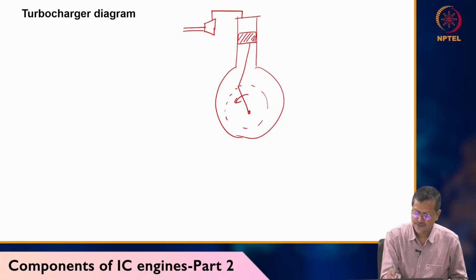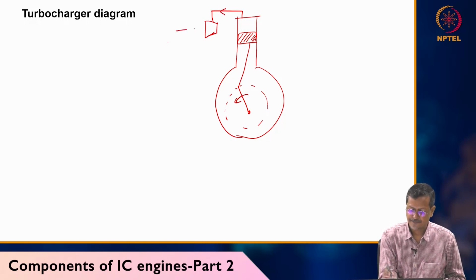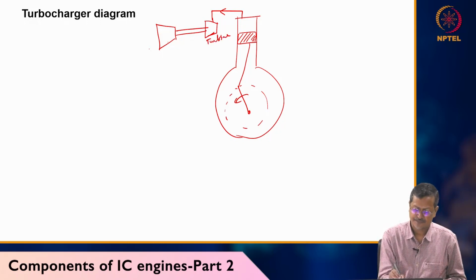Compressor will be connected to your turbine system. So this exhaust gas will be going through one turbine. So the turbine blades will be rotating, transferring that power to your compressor. This is turbine. This is compressor.